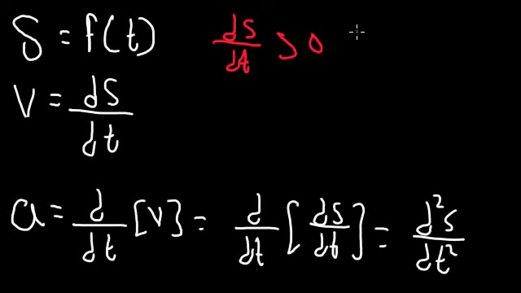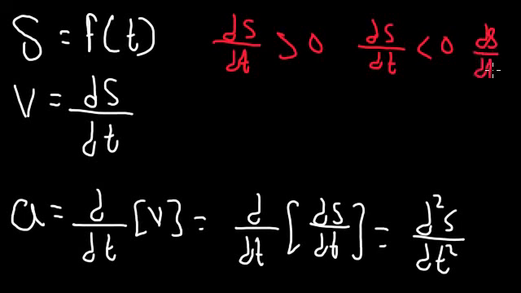And when a particle moves toward point O, then the velocity ds by dt will simply be less than 0. And the final case is when the particle is momentarily at rest. Then at this point, ds by dt will simply be equal to 0.